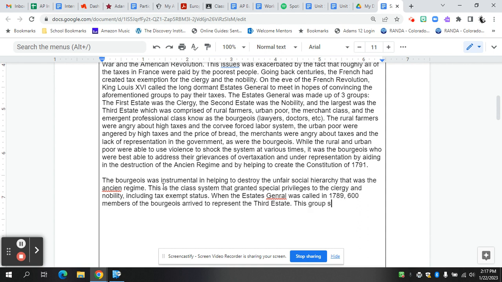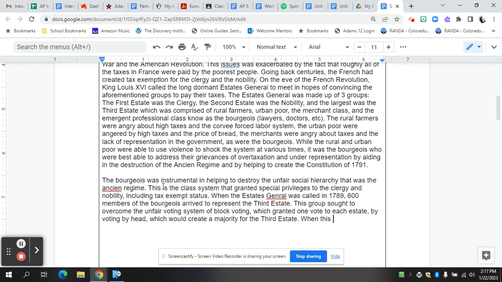This group sought to overcome the unfair voting system of block voting, which granted one vote to each estate by voting by head, which would create a majority for the third estate. Right? Pulled that right out of my lecture.